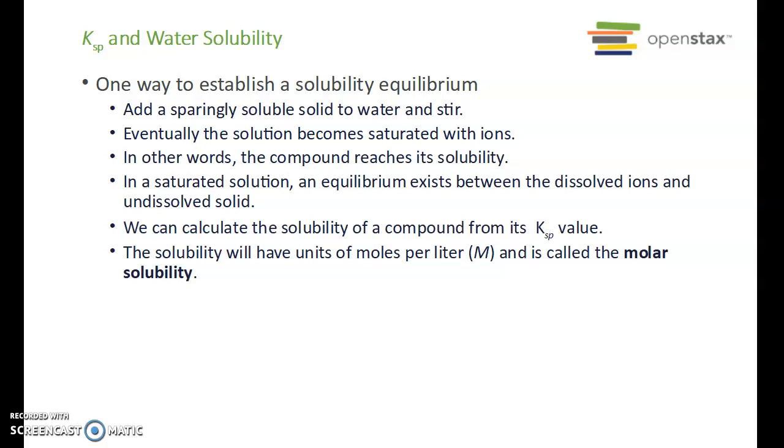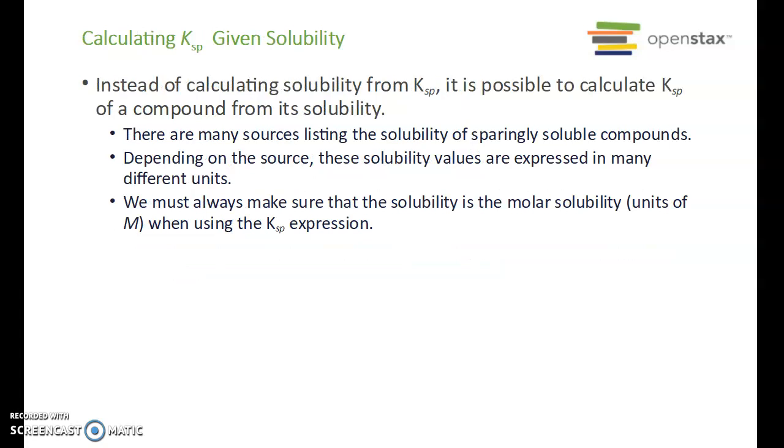You can calculate the solubility of a compound from its Ksp value. The solubility will have the units of moles per liter, M, and it's called the molar solubility. Instead of calculating the solubility from the Ksp, it's also possible to calculate the Ksp of a compound from its solubility. There are many sources listing the solubility of the sparingly soluble compounds.